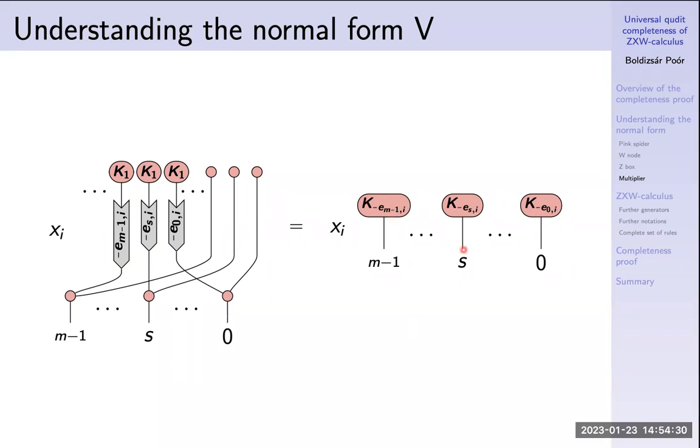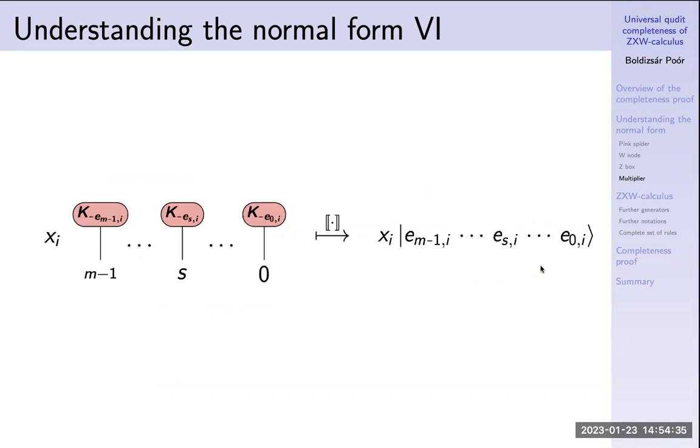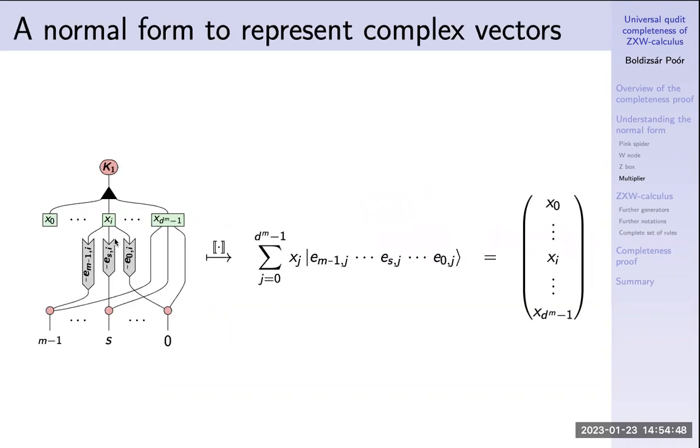So we have these basis states, which actually correspond to this cat. So it's these elements times the scalar, and actually this is how we do the normal form, right? We have all of the possible elements in every place of this cat. And we have all the scalars we need, and that's how we can represent any complex vector.